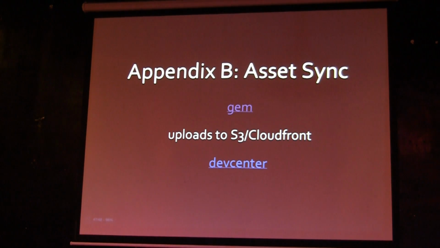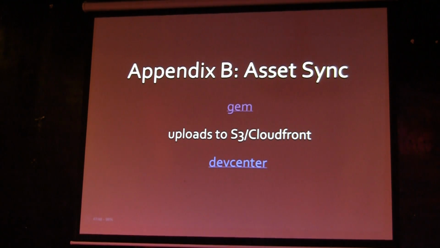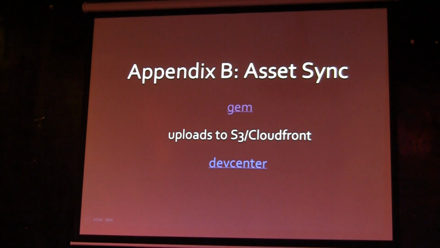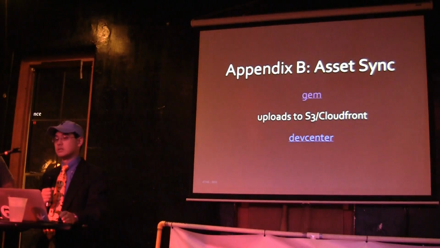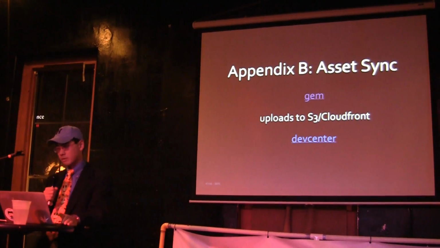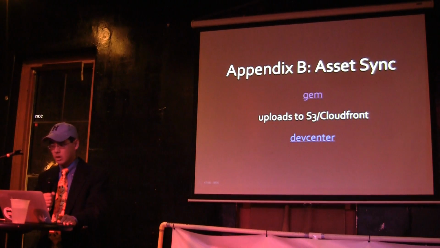We've been working with the Rumble Labs guys on getting your assets to sync with S3 and CloudFront and other things. They have this gem called Asset Sync that will hook into the assets precompile process on Heroku and will essentially just upload them to an S3 bucket where you specify the credentials and the bucket name.